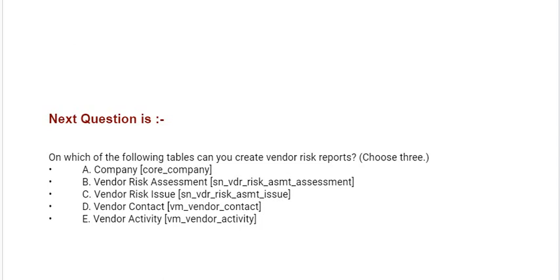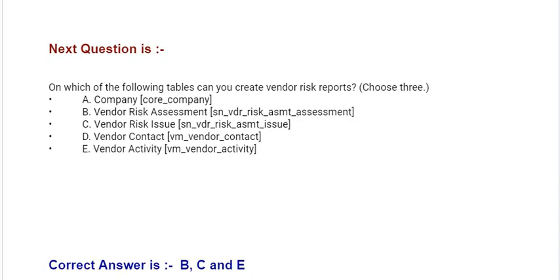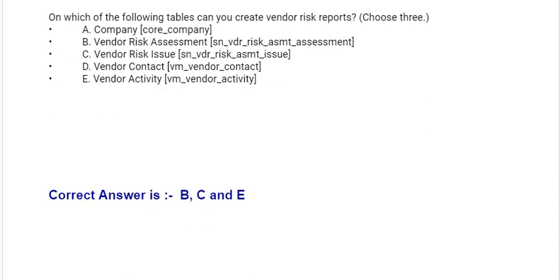Option C. Vendor risk issue, SN_VDR_risk_ASMT_issue. Option D. Vendor contact, VM_vendor_contact. Option E. Vendor activity, VM_vendor_activity. Correct answer is option B, C and option E.